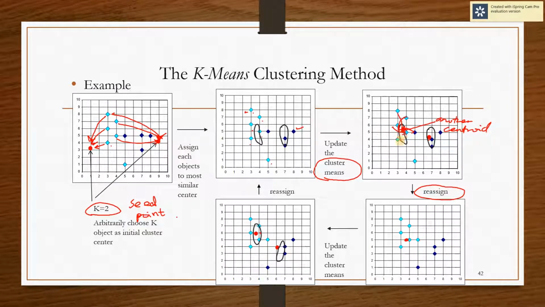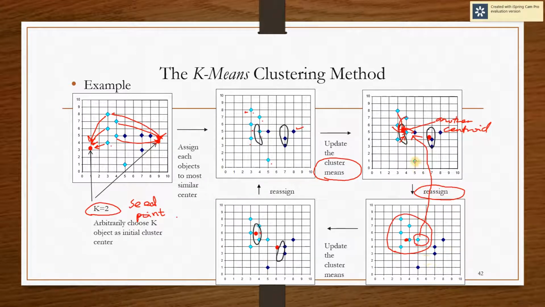So if you take a look at this point here, before this it was dark blue in color, but when it has been compared with the new centroid, it says that this is more similar to this cluster. So this new light blue point is clustered in the first cluster here.